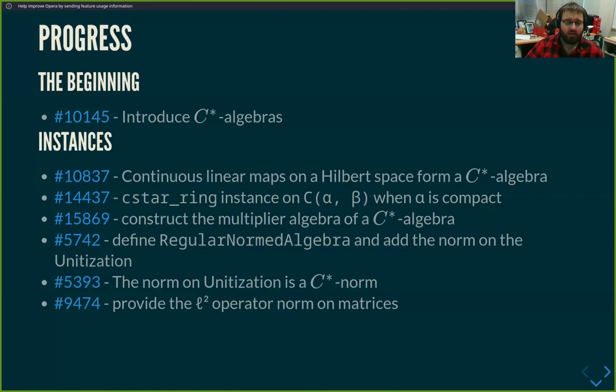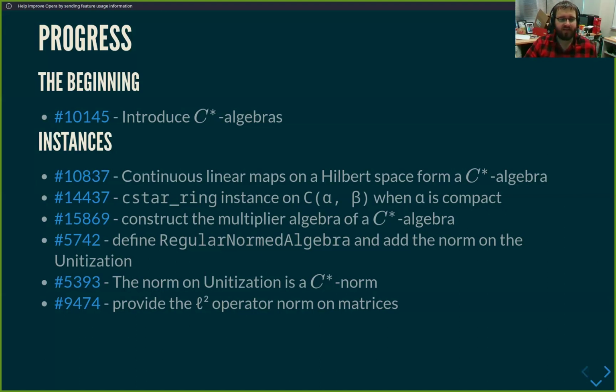If you think about the equivalence of categories that I mentioned between commutative C-star algebras and continuous maps, the multiplier algebra of a C-star algebra corresponds to the Stone-Čech compactification of the space that you're dealing with.